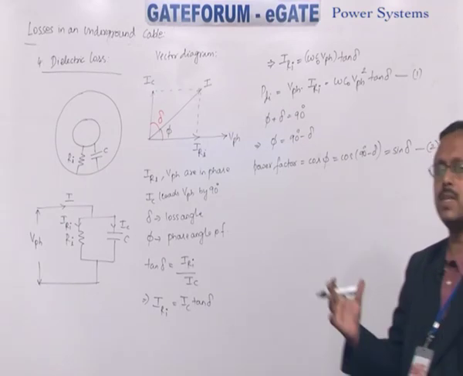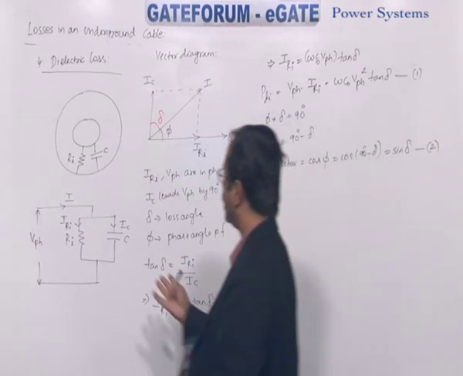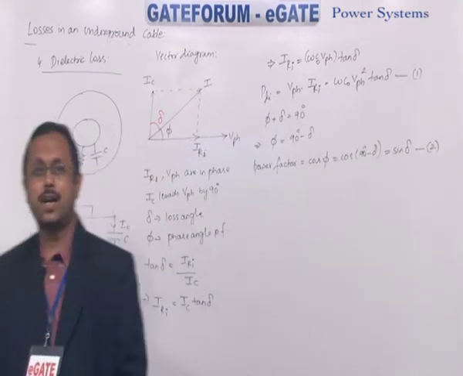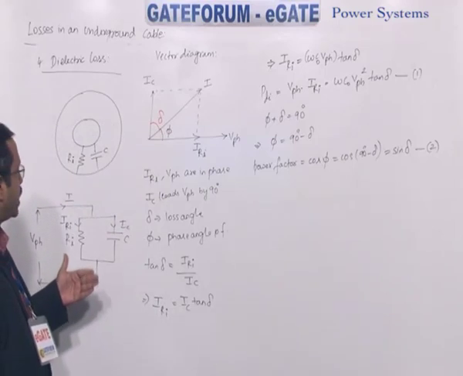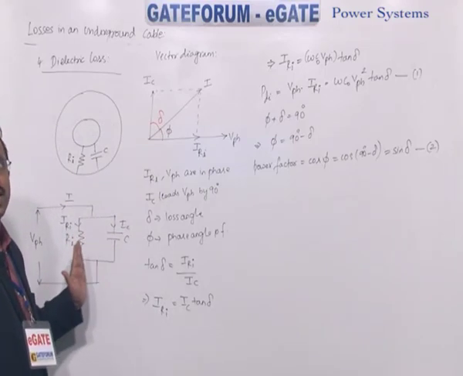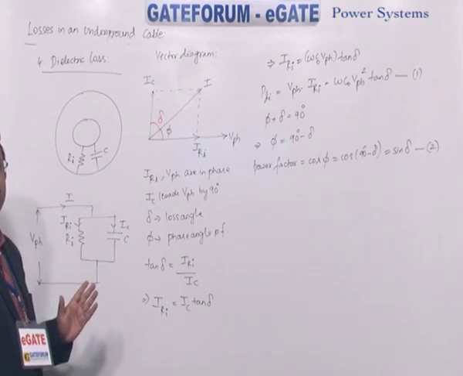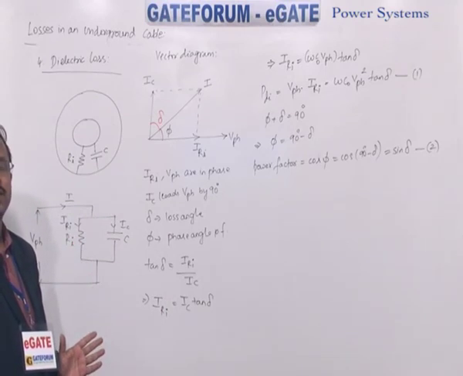So how do you represent an underground cable electrically? An underground cable is electrically represented by connecting R and C in parallel, a simple parallel RC circuit.